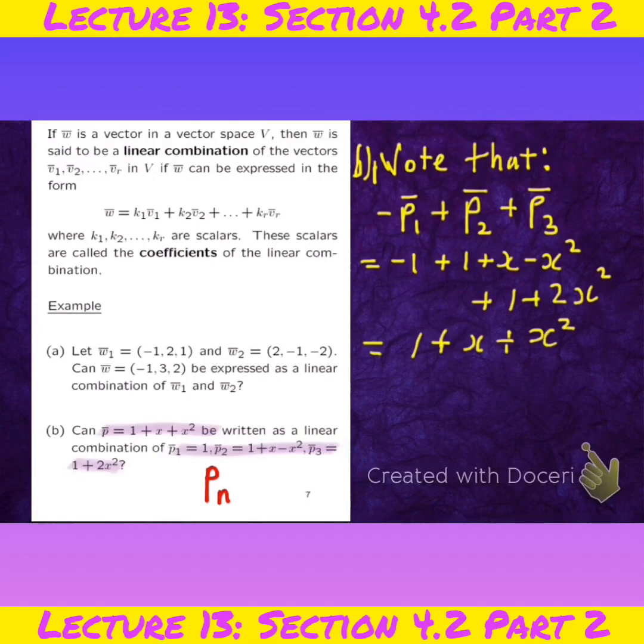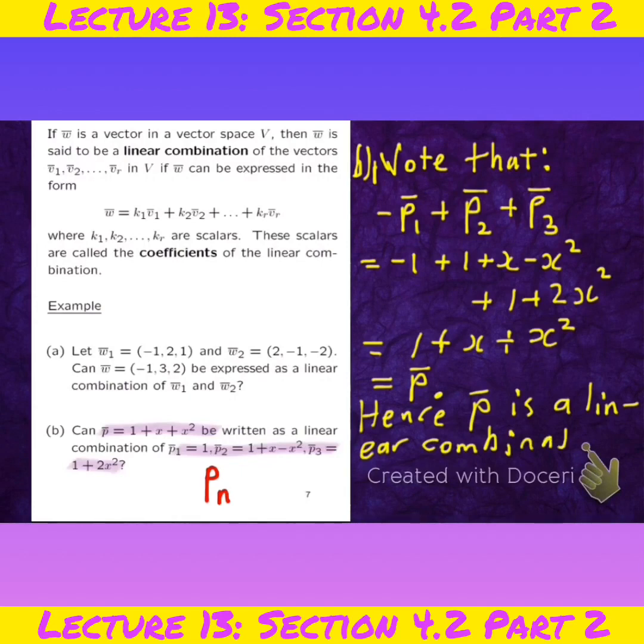And this is polynomial p. Alright, so hence the vector p is a linear combination of the vectors P1, P2, and P3.